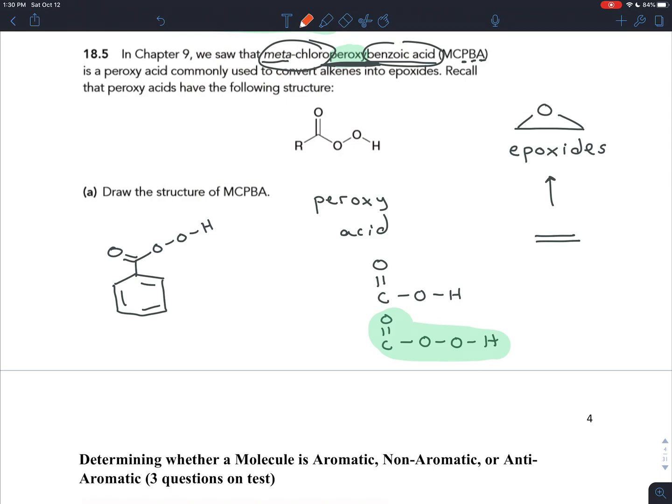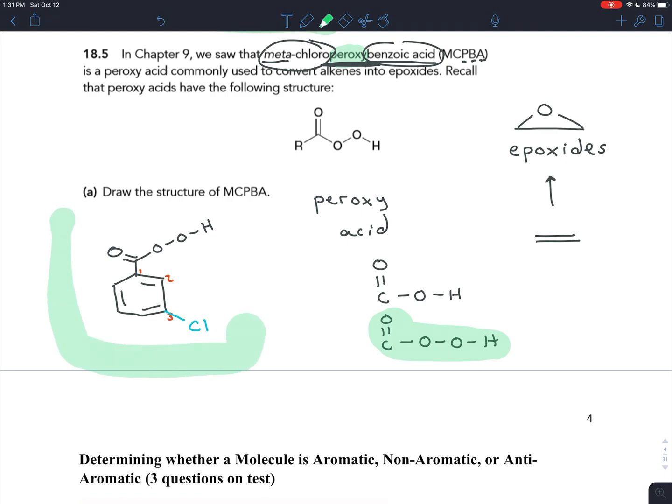It's 1,3. So this is 1 because it's the peroxy acid that's giving this backbone its name. And then you can number it however you like. On the third carbon, that's where you'll put a chlorine. So that is meta-chloro, 1,3 chloro, metachloro, peroxy benzoic acid.